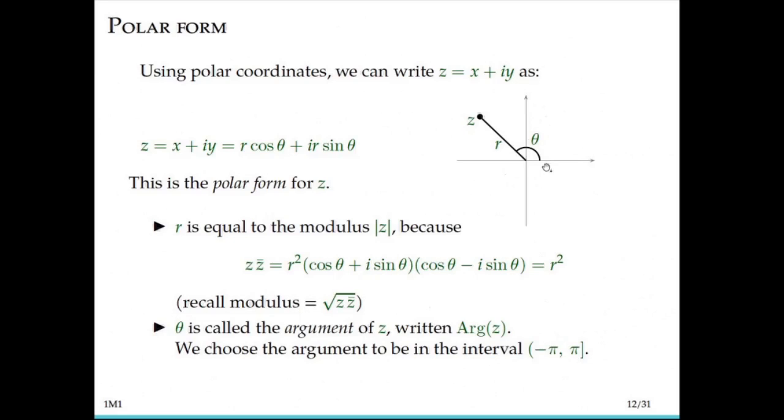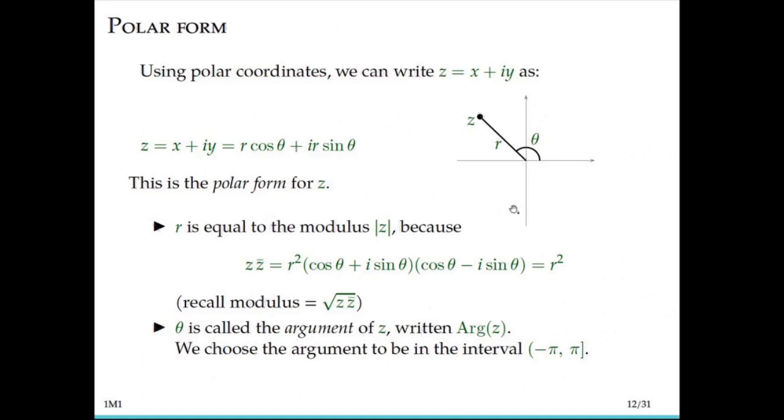So negative pi would be the angles that go down this way up to the negative real axis, and then positive angles up to pi would be the angles in the upper half of the complex plane. And so if we require the argument, the angle theta, to be in this interval from negative pi to pi, then theta will be uniquely determined. If we don't require that, then we could add 2 pi to theta, and we get another angle, which could also work.